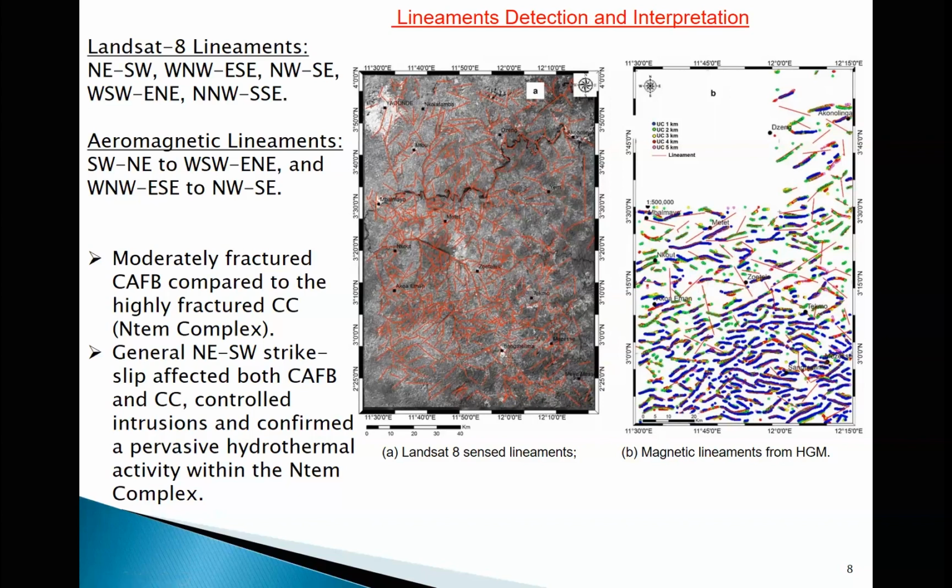But particularly what we need to note is the differentiation between the Ntem complex and what is in the north, which corresponds to the Yaoundé group, which is more of a metasediments, as I said. The Yaoundé group corresponds to the Central African Fold Belt, while the area down south is the Ntem complex, and it's on the northern portion of the Congo Craton.